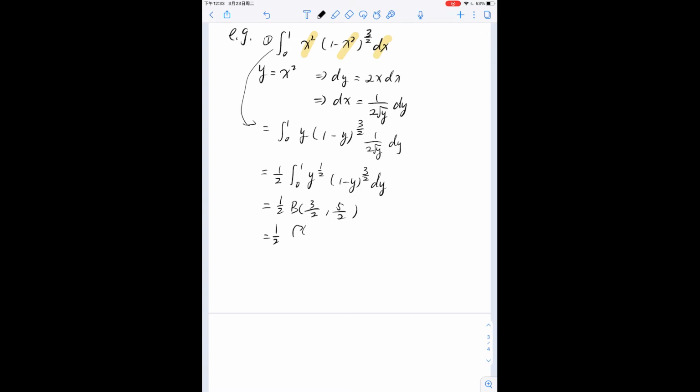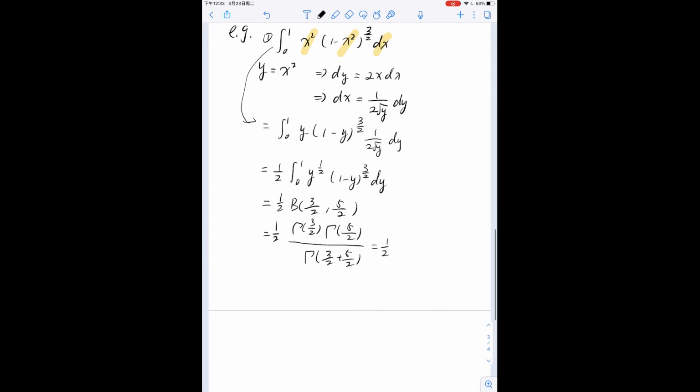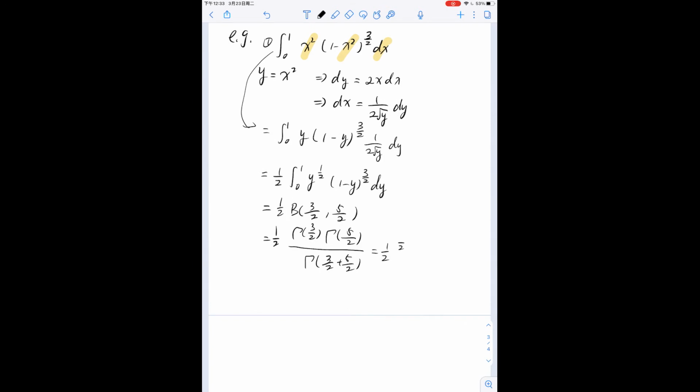So it's gamma 3 over 2 times gamma 5 over 2, divided by gamma of the sum.